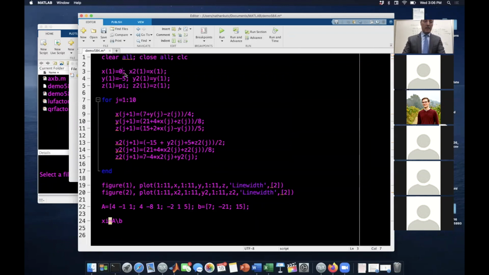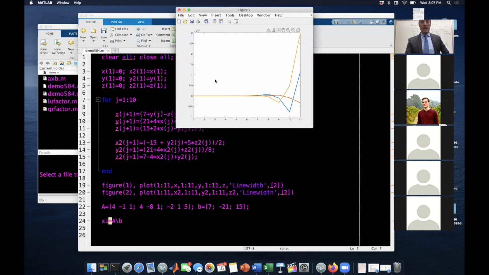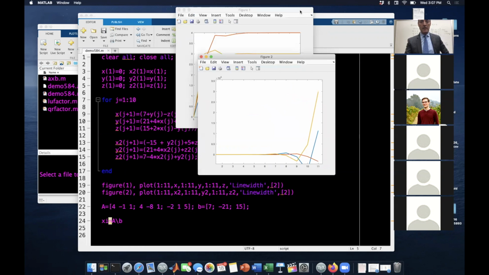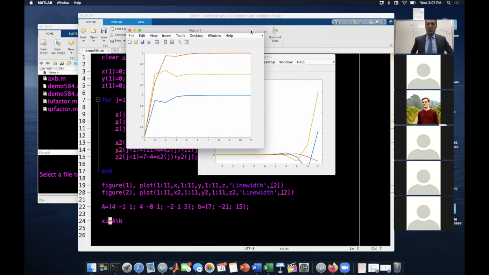I could also just pick 0, 0, 0, which is perfectly as good as any other guess. You run that. Again, this is the one that blows up. And then here's the convergence to the solution. So again, I just showed you a different guess still converges really quickly to those solutions, which are 4, 3, and 2.